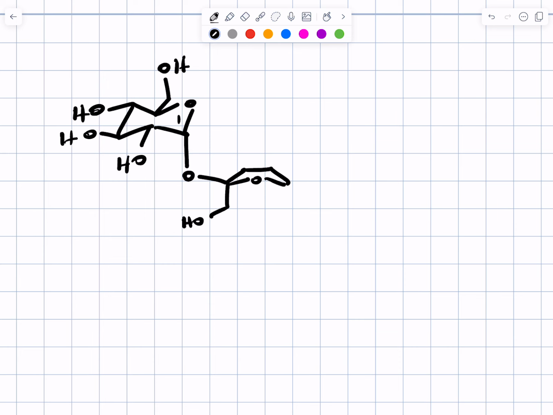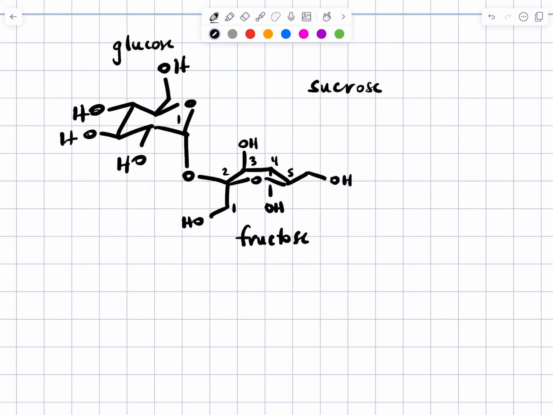This is C1 of fructose, C2, C3. The OH on C4 is down and back. And then here is C5 and then 6. So this portion is called fructose. This portion is called glucose. Put together, that's sucrose or table sugar.